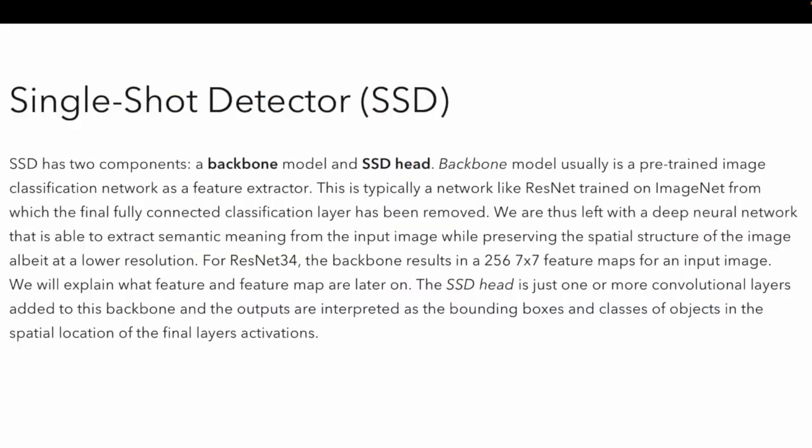So let's skip it. What is an SSD? Single shot detector. SSD has two components, a backbone model and an SSD head. The backbone model usually is a pre-trained image classification network used as a feature extractor. This is typically a network like a ResNet trained on ImageNet, from which the final fully connected classification layer has been removed.